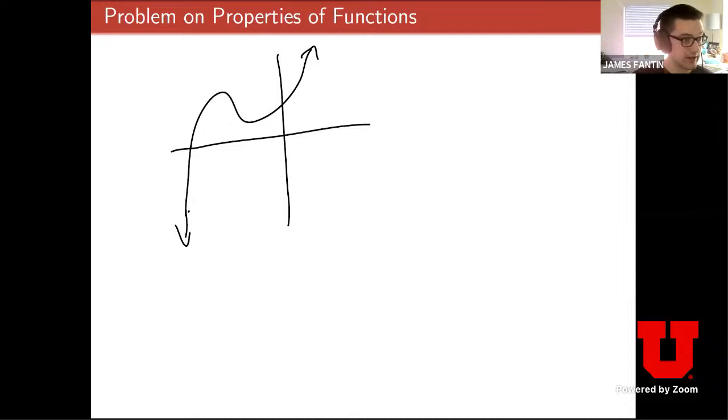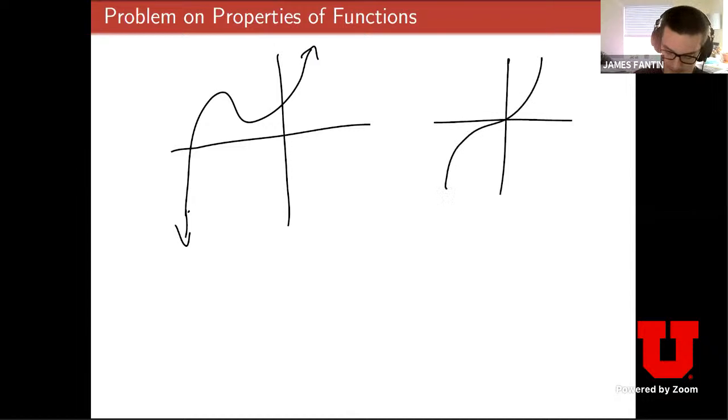Naturals is more tricky. This is a really good question, by the way. If we look at the function f of x is equal to x cubed, say over the naturals, if we define f from the naturals to the naturals, this is not an onto function.